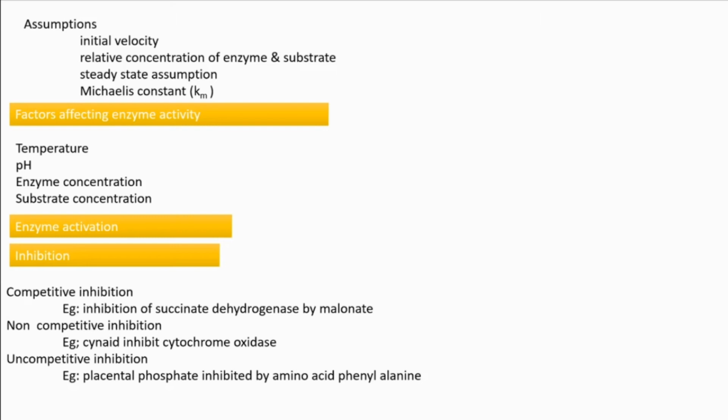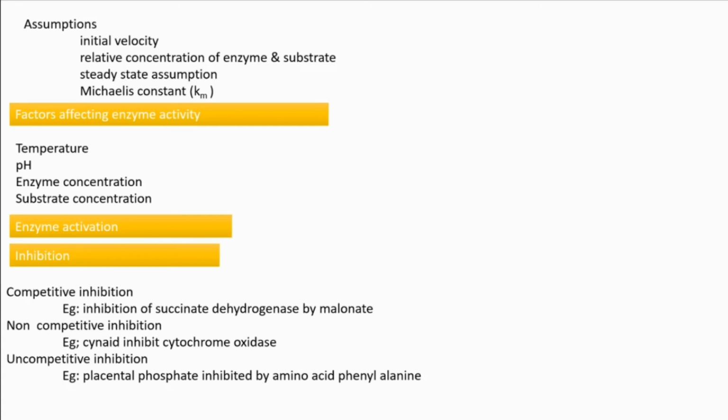It is very rare in one substrate reactions. This method of inhibition can occur in multiple substrate reactions. And it is not reversible. An example is the inhibition of placental phosphatase by an inhibitor, the amino acid phenylalanine, which you need to learn by heart for writing in your examination.